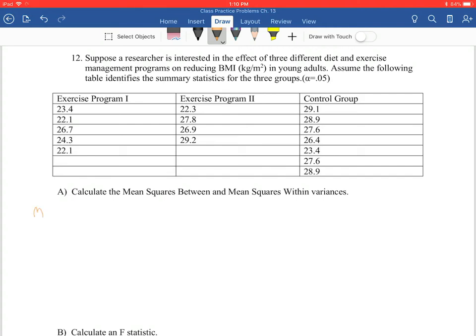So the first thing the problem asks us to do is calculate mean squares between and mean squares within. Once again, the mean squares between is going to equal the sum of squares between over the degrees of freedom between.